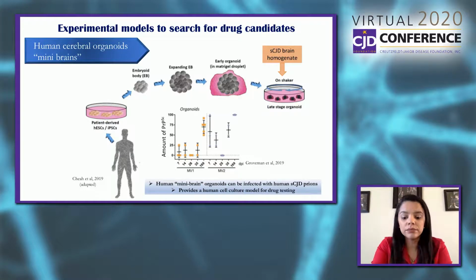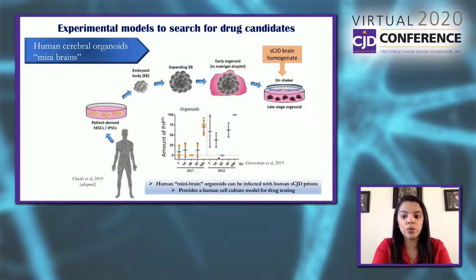Then, by adding an infected brain homogenate containing CJD prions, they showed that in the first month, they had low or no detectable levels of PrPres, showing that these mini brains get rid of the inoculum.